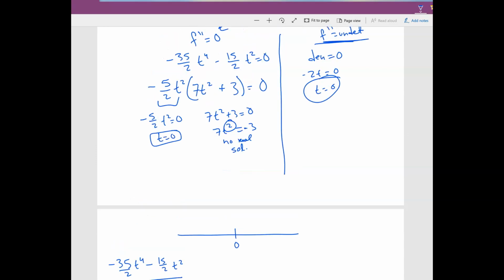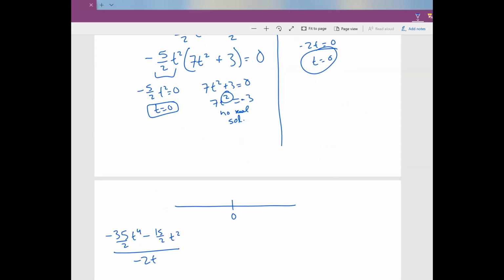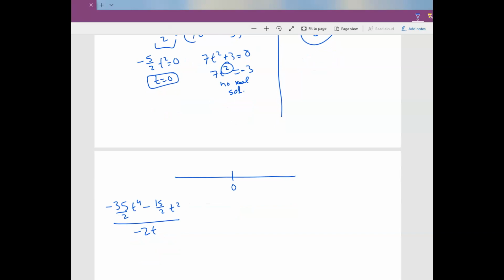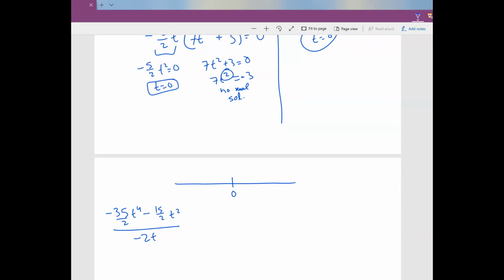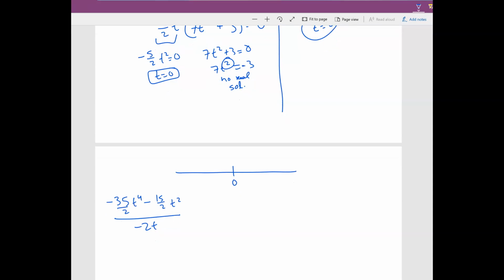I think I got that right. Yeah, okay. So now all we have to do is put a number in there. We're going to start off with t equals 1 and t equals negative 1.